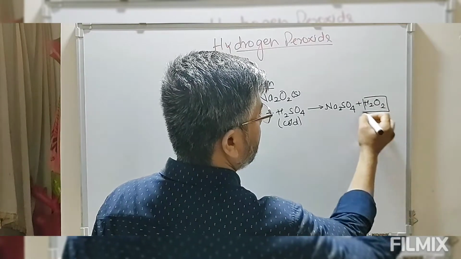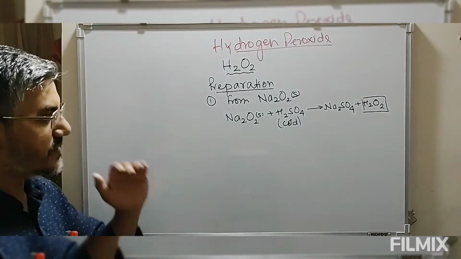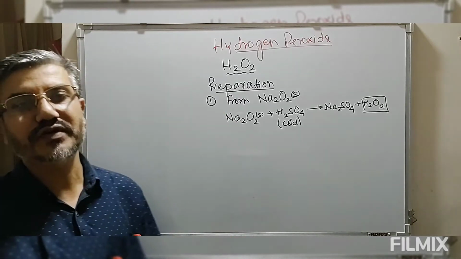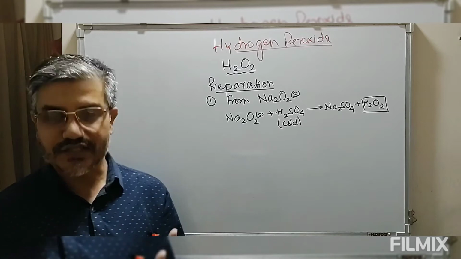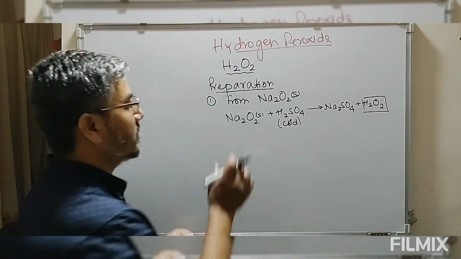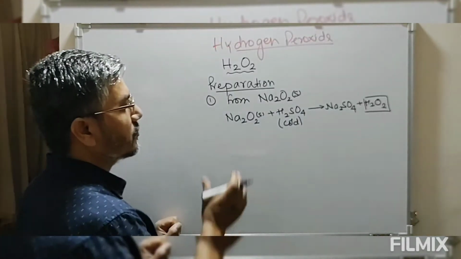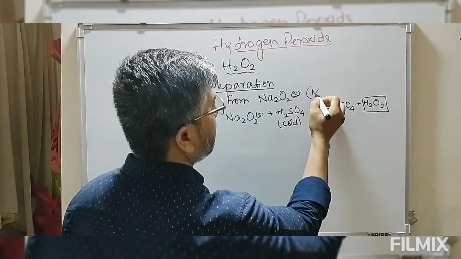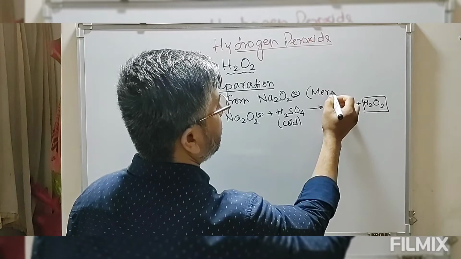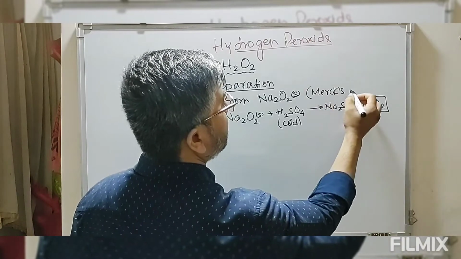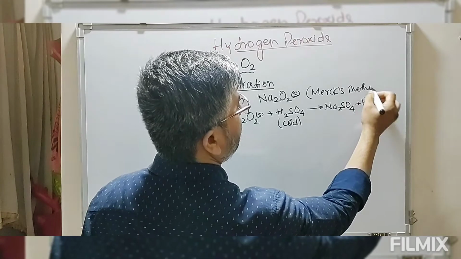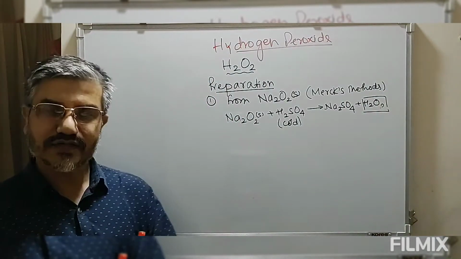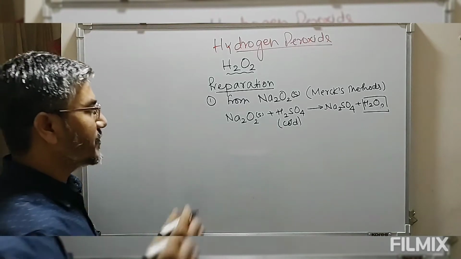So we obtain hydrogen peroxide from sodium peroxide by acidification with ice cold sulfuric acid. This method of preparation of hydrogen peroxide by acidification of sodium peroxide is known as Merck's method.